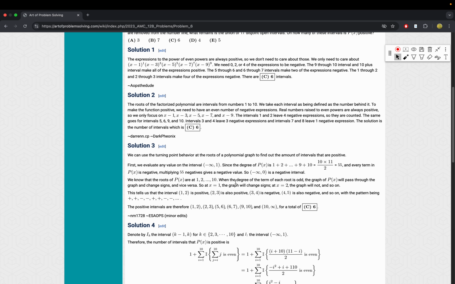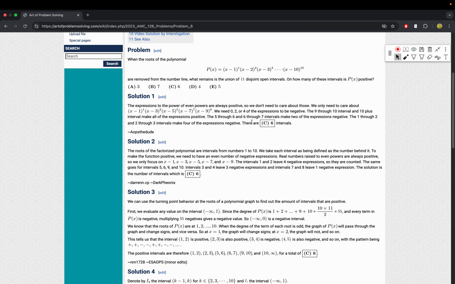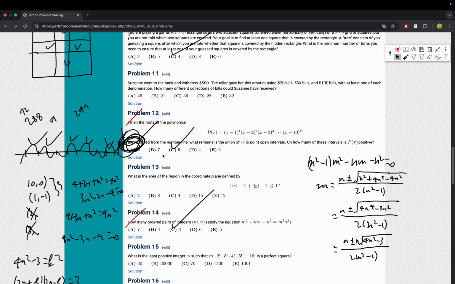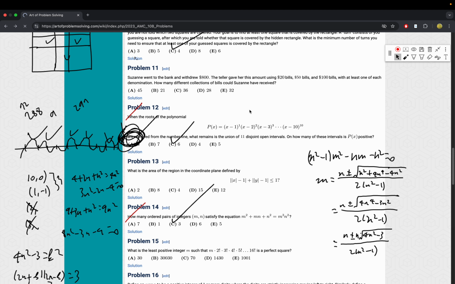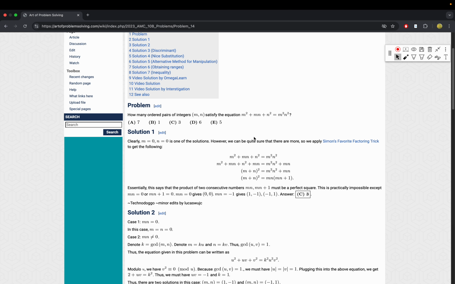Oh, no one graphed it for us. Wait, no one used graphing? Wait, graphing here. Yeah, I'm very curious.